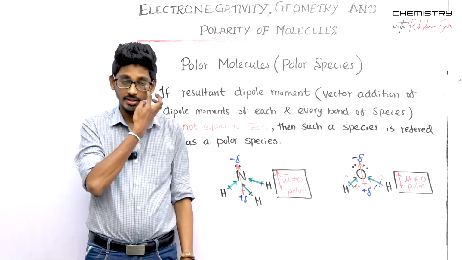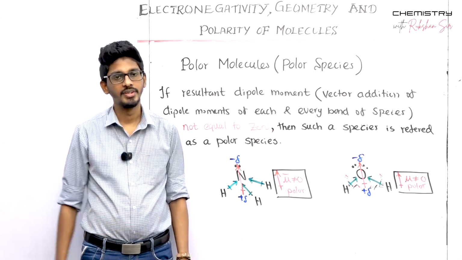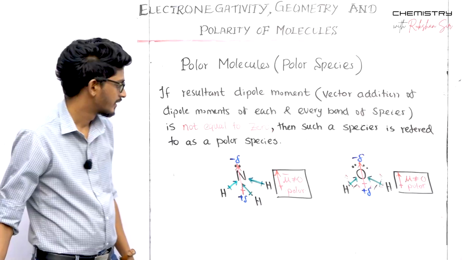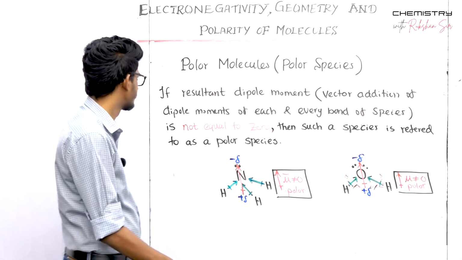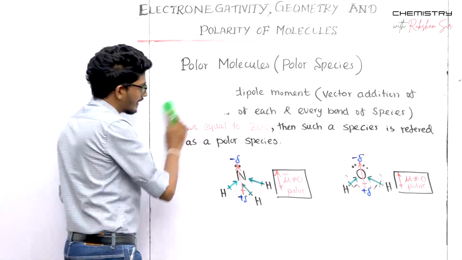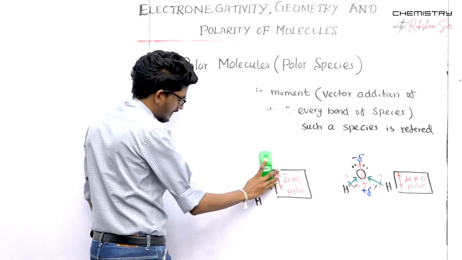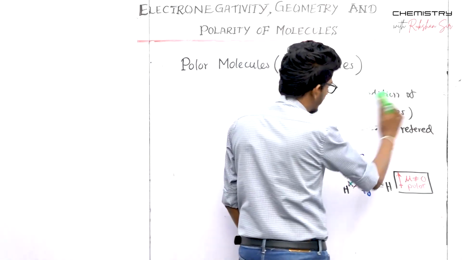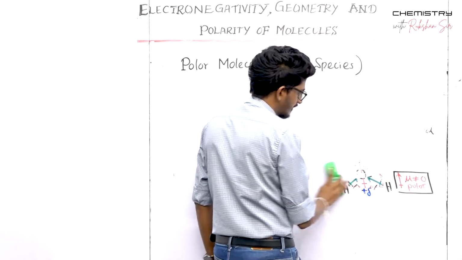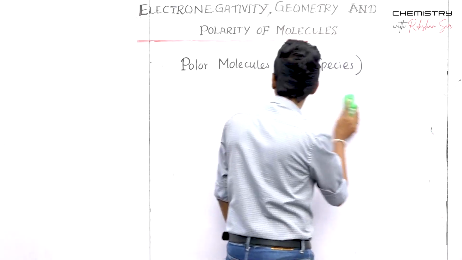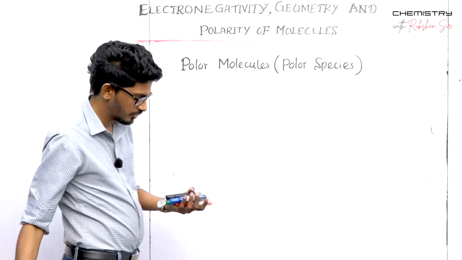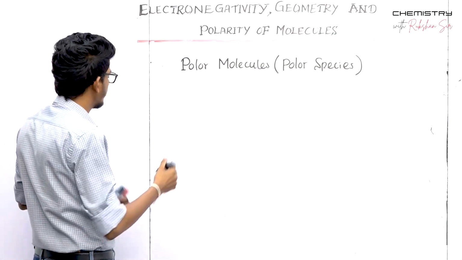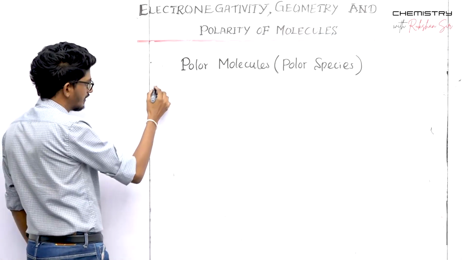Just take the resultant, or the net, dipole moment. Okay, let's discuss a bit more about this polar stuff. Let's try to compare the polarities of NH3 and NF3. That is our next concern. We are trying to compare the polarities of NH3 and NF3.